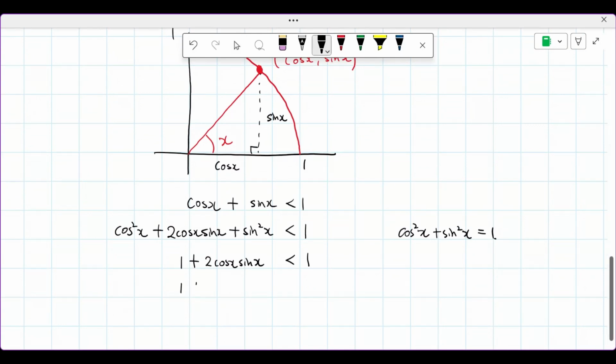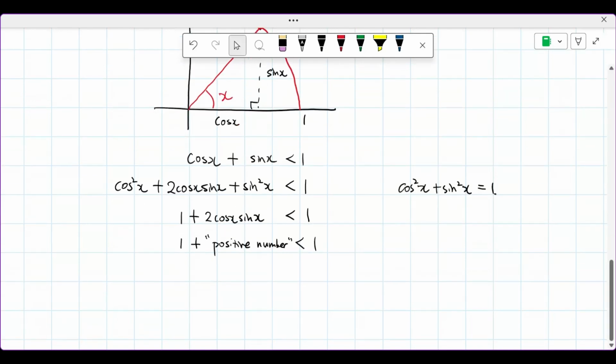Then basically what we're doing is adding a positive value to 1, and we're suggesting that it's less than 1, or in other words, this positive number is less than 0, which is definitely a contradiction.